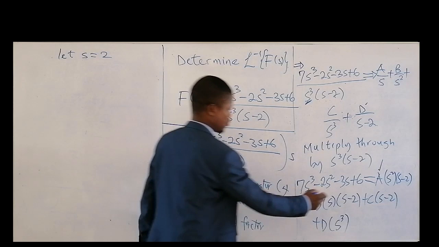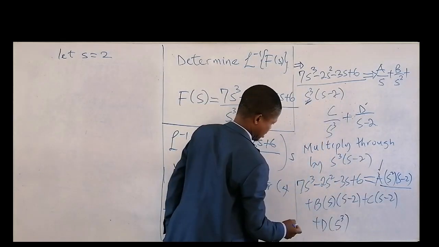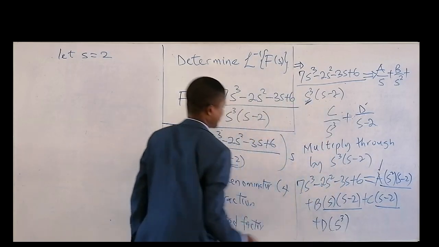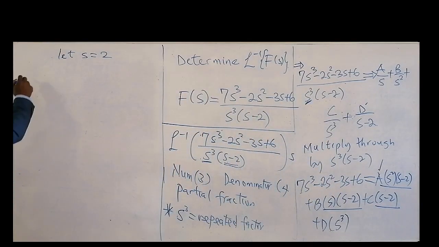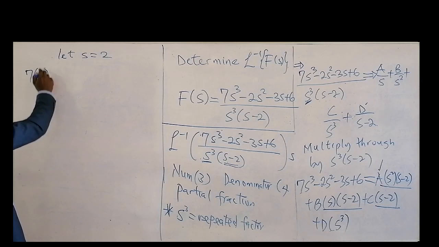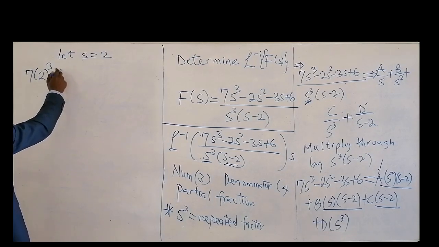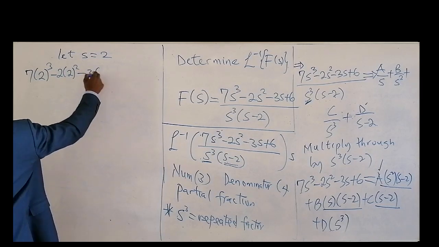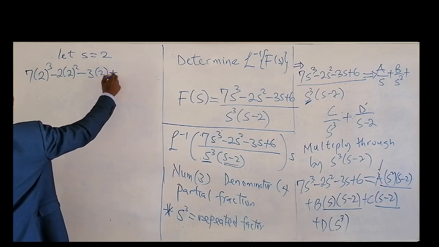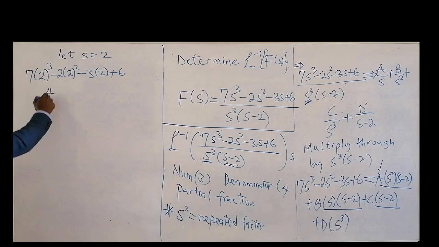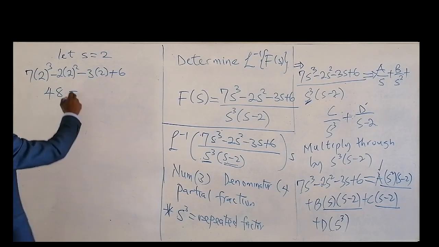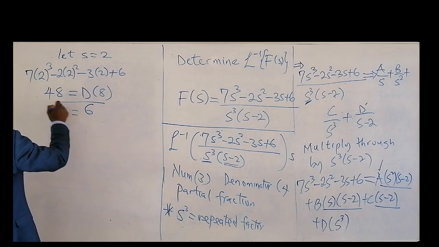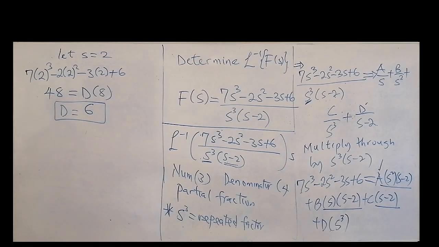If we do that, this will cancel, this also will cancel, this also will cancel, and then we can get D. We then have 7 times 2 cubed minus 2 times 2 squared minus 3 times 2 plus 6. So this will give me 48 equal to D times 8. So D is 6.